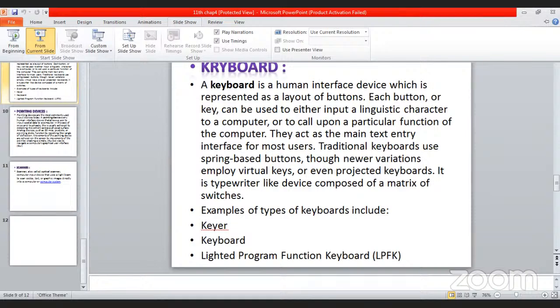So navigation keys are used for moving around a document or web pages as well as editing text. It mainly includes the arrow keys, home, end, page up, page down, delete and insert. सहा कीज जे कीबोर्ड मध्ये येतात as well as arrow वाला कीज राईट लेफ्ट अप डाऊन.